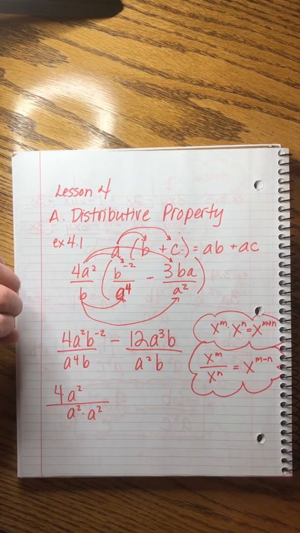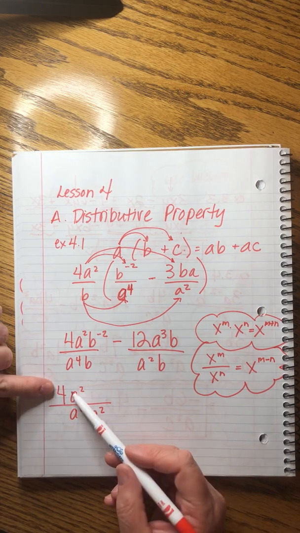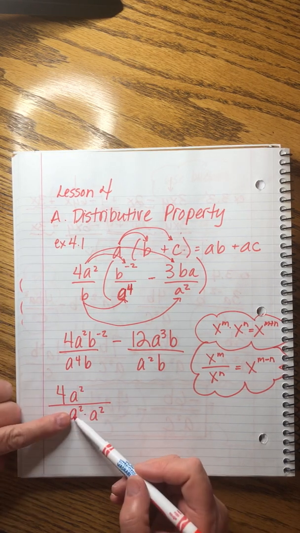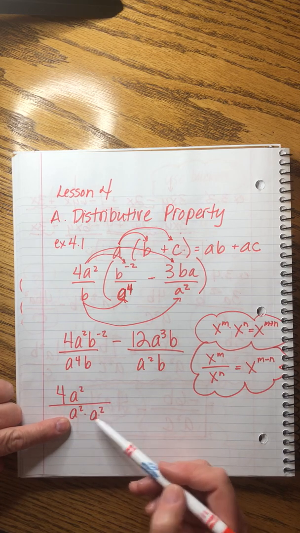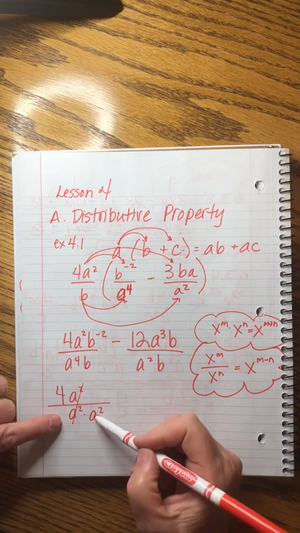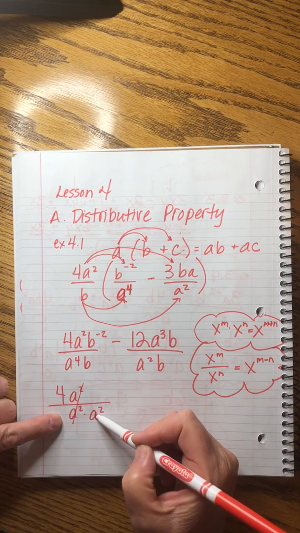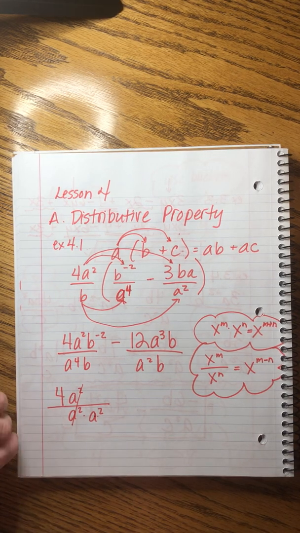I'm not going to do the b's for now. I'll add those later. There's a to the 4th on the bottom. There's a squared on the top. My brain splits that a to the 4th into 2 packages like that, and then one set of them gets canceled, and then this remains. Okay? Does that make any sense? I hope that makes sense for you.